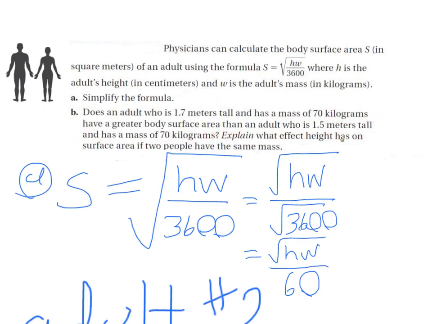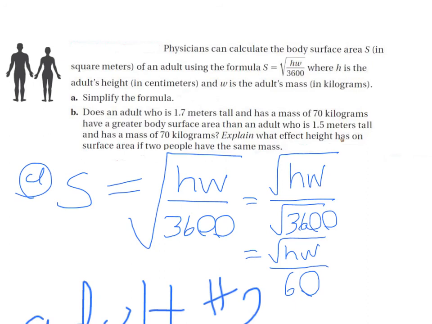So now your job is to calculate the second adult, the one who is only 1.5 meters tall. Calculate their body surface area and compare adult 2's body surface area, the one that you just calculated, to the one that I just calculated.